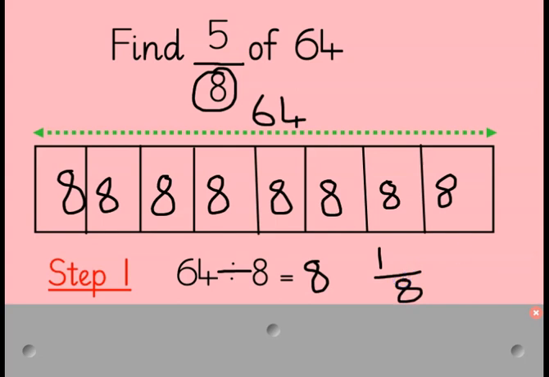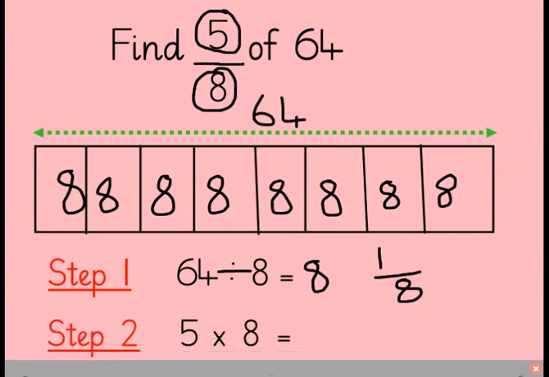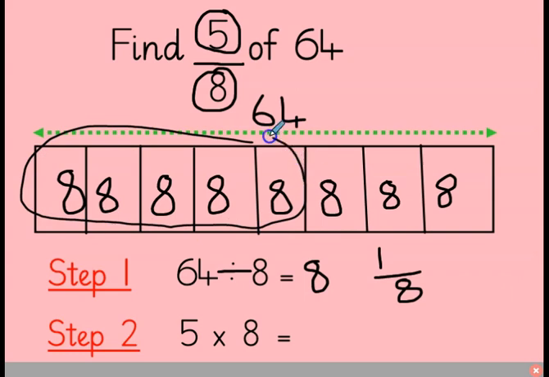But that, once again, is not what the question is asking us. The question wants 5/8 of 64. So, step 2, I need to find out what 5 lots of 8 are. So, here we go. We have 5/8. Now, we could do 8 add 8 add 8 add 8 add 8 to find out the total of this part of the bar, but that takes ages. Let's do it the easy way. 5 times 8.